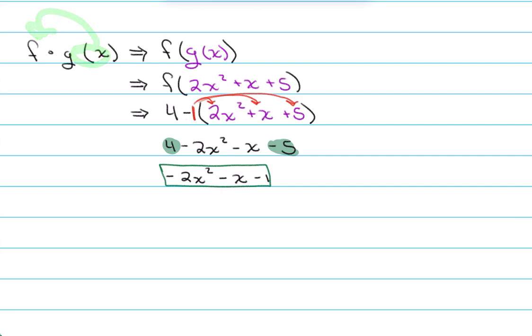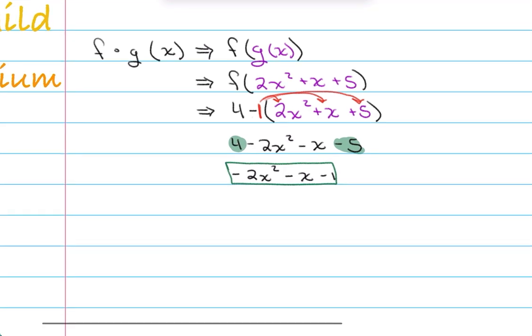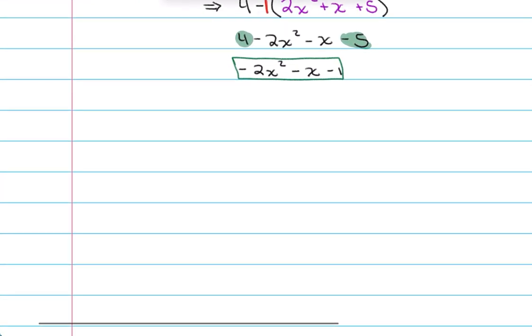Seems pretty easy, huh? So let's go the other way around though. Let's see what happens when we do g of f of x. So now we're going to plug f of x into g. So we have g of f of x.